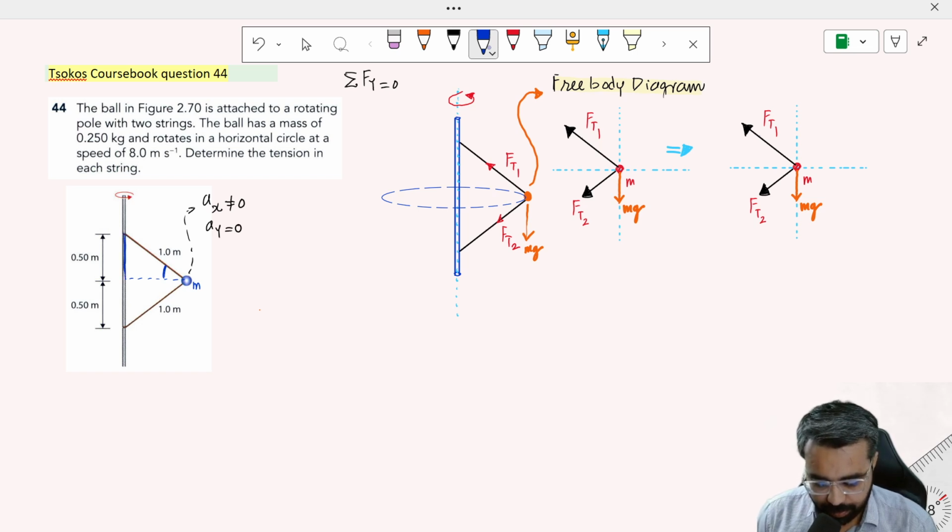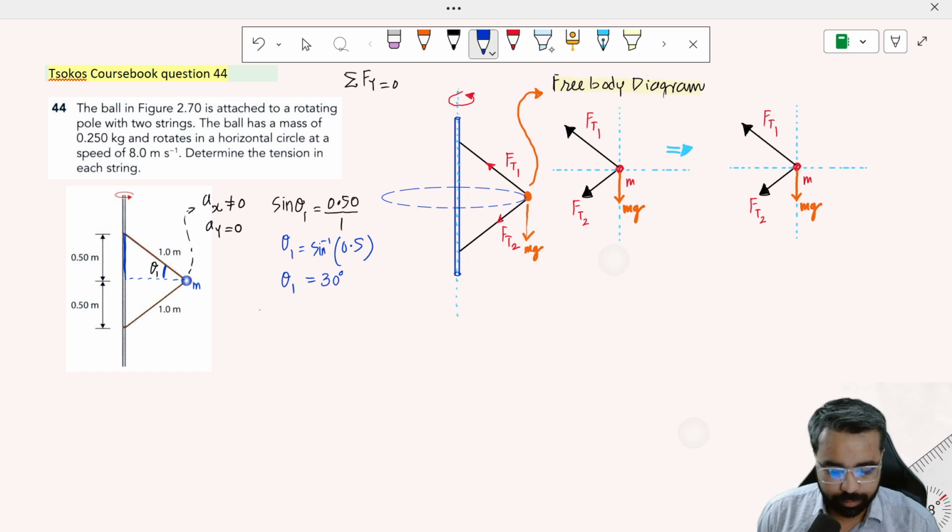If we apply the trigonometric ratio, sine theta 1 equals opposite 0.50 over hypotenuse, that is 1. So what is the value of theta 1? If you take sine inverse of 0.5, at an angle of 30 degrees we get 0.5. That's why this angle is 30 degrees.